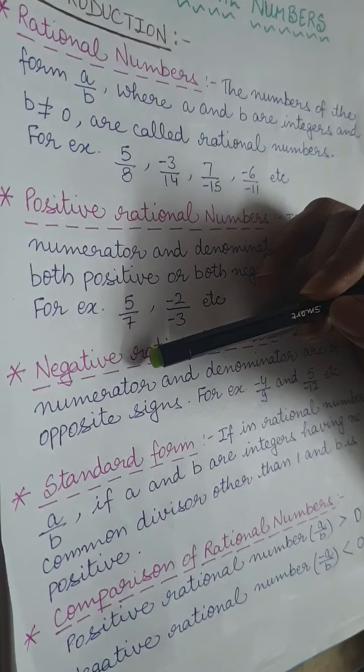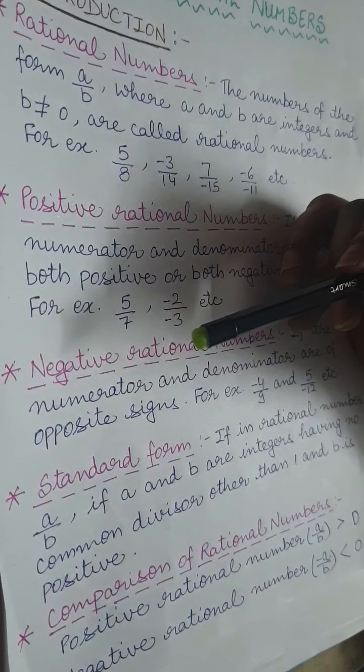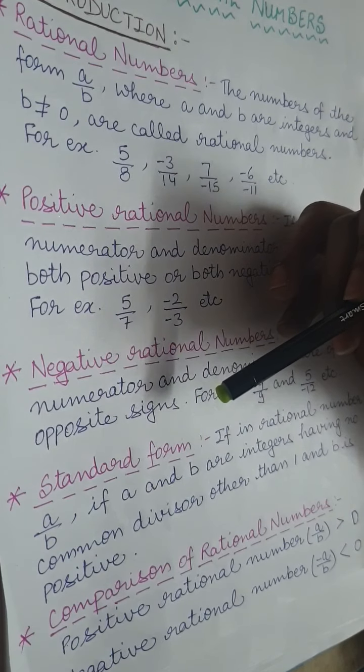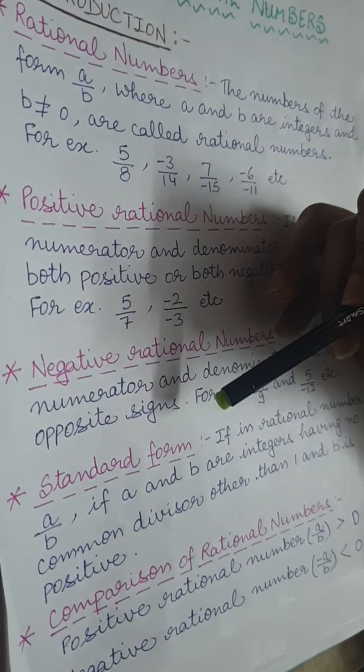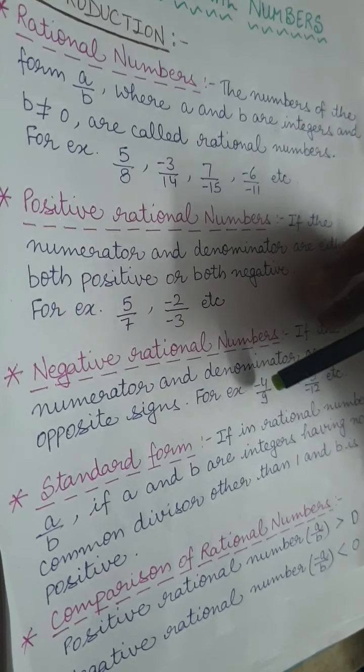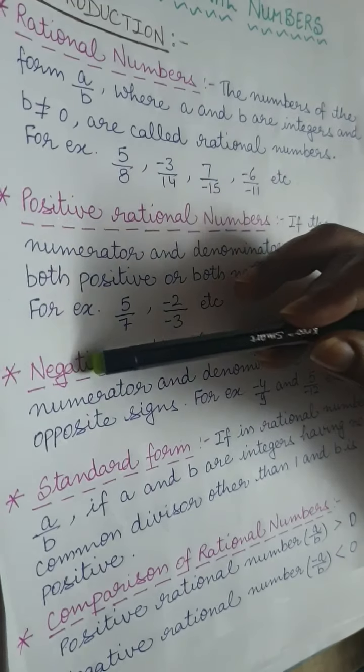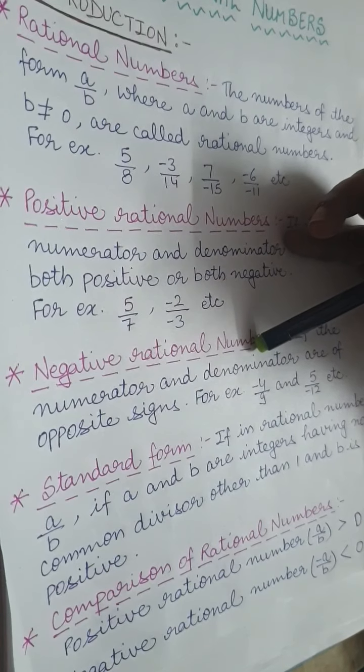And on the other hand, if the numerator or denominator has a single minus sign, then it will be considered a negative rational number.